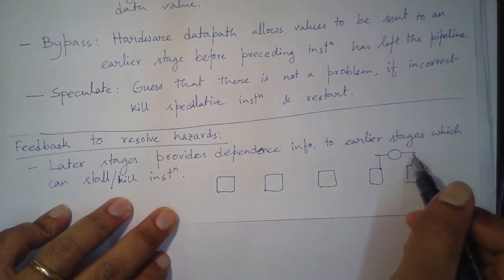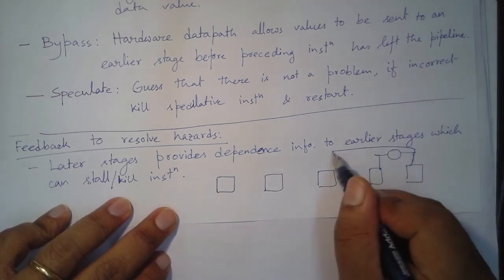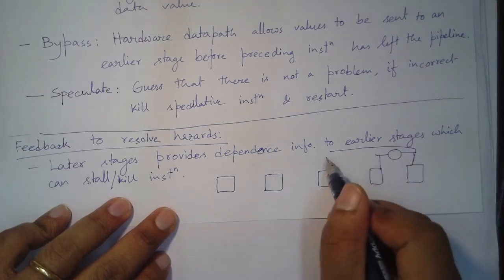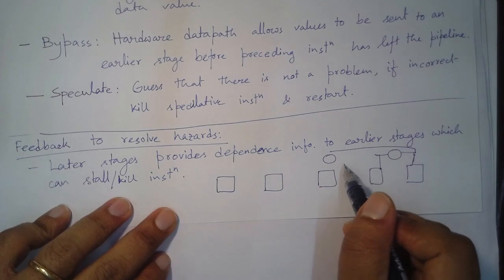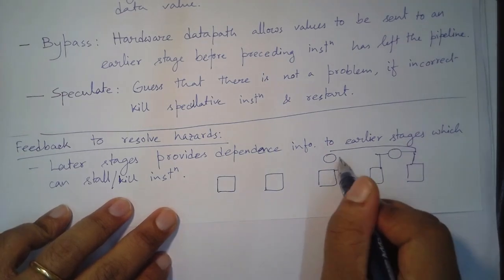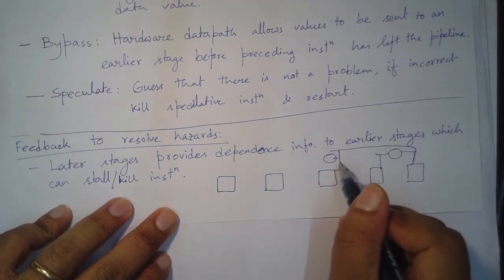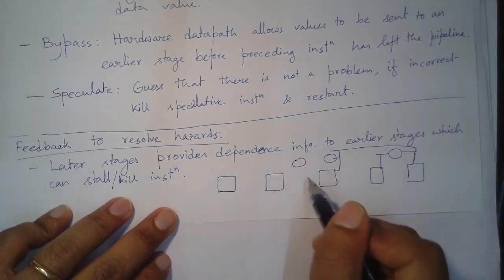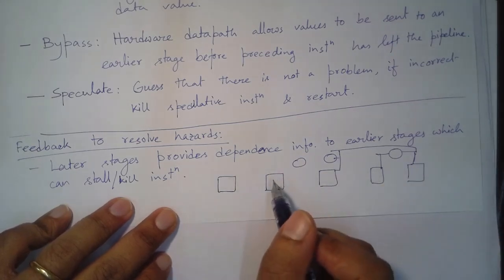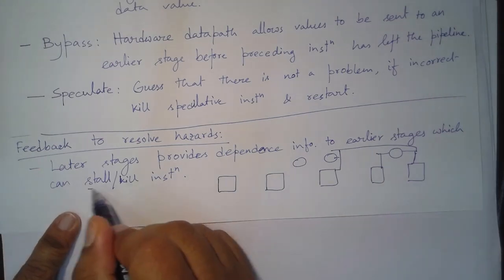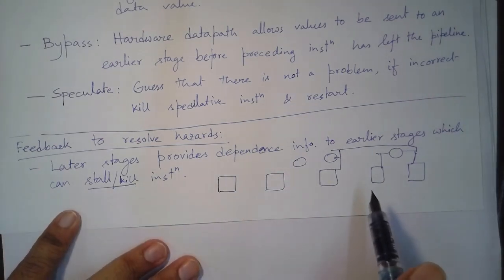Again I will also feed this feedback to the later stages and so on. So basically there will be a feedback path. Right, and so on. So this feedback is required for stalling the instructions, etc.